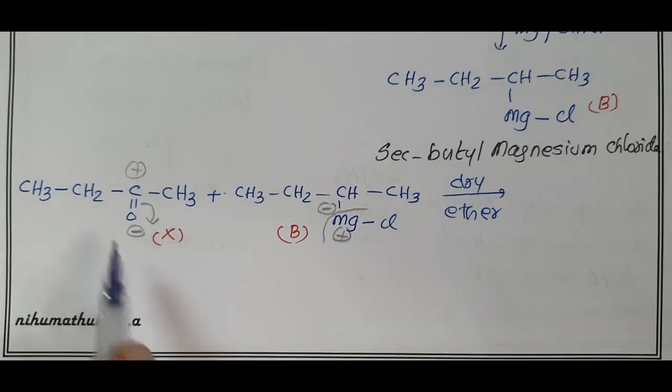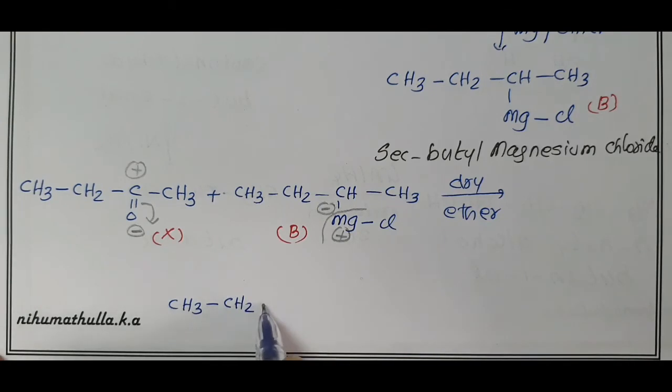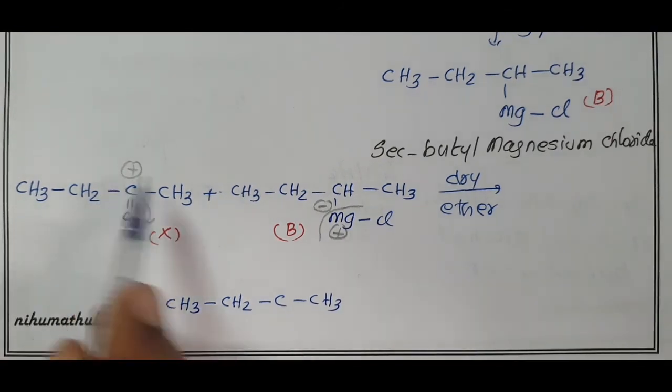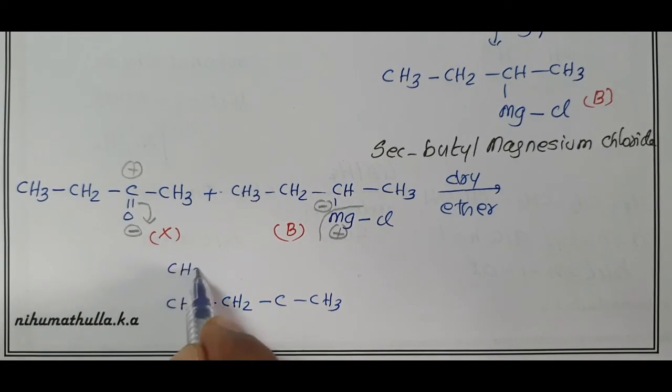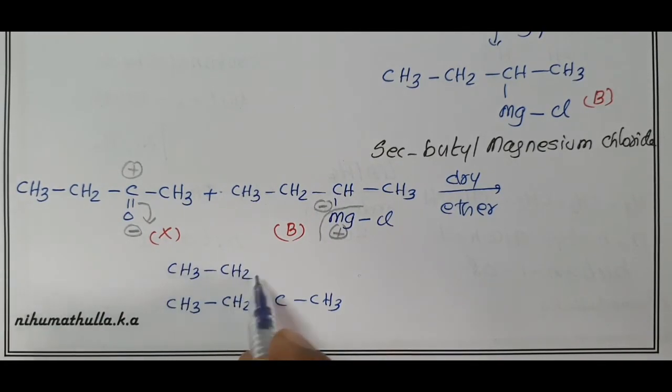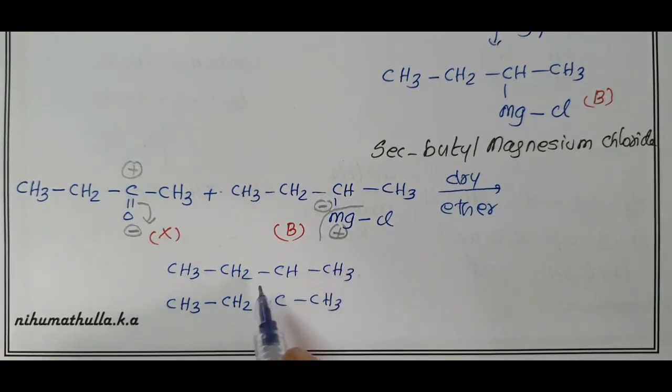First, write the butanone group, CH3, CH2, C, CH3. To this the negative ion is added. What is our negative ion? CH3, CH2, CH, CH3. This negative ion is added to the carbon atom.